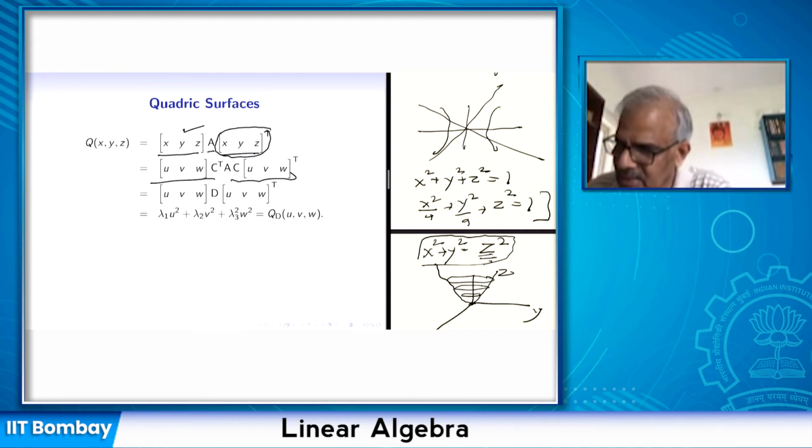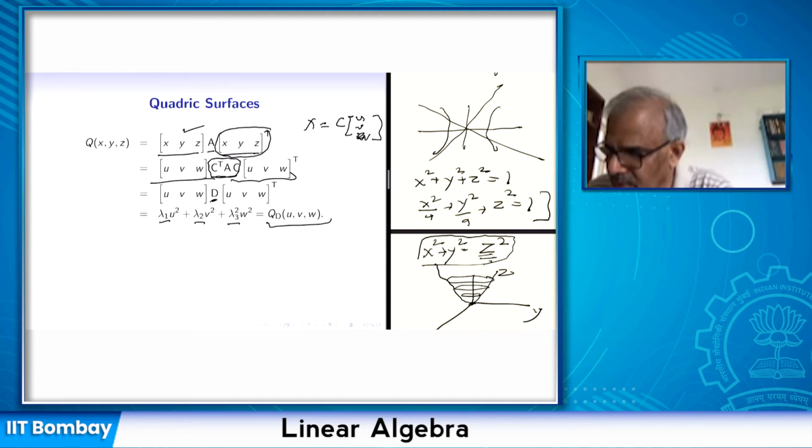We are writing x equal to C times UVW. This is the new coordinate system, UVW. When you substitute this, the matrix gets diagonalized. C transpose AC becomes a diagonal matrix because the column vectors of C are eigenvectors of A. The diagonal entries are lambda 1, lambda 2, lambda 3. So this is the quadratic form in UVW corresponding to the diagonal matrix D of eigenvalues.